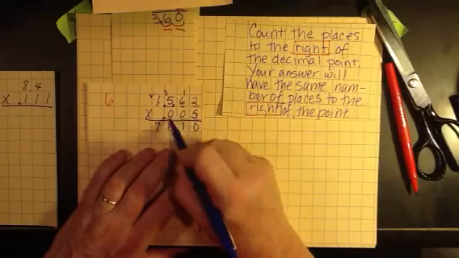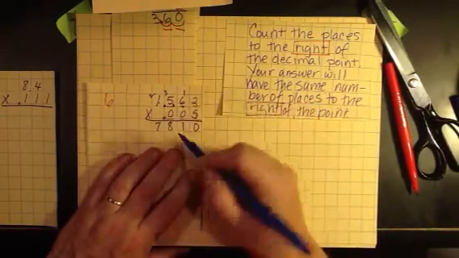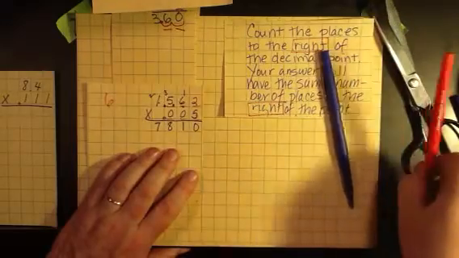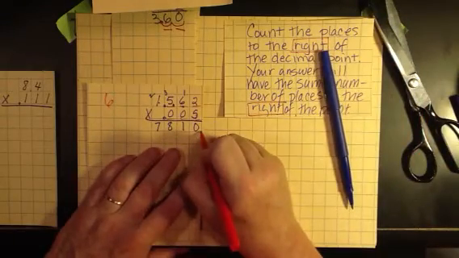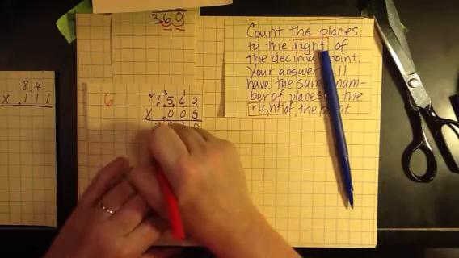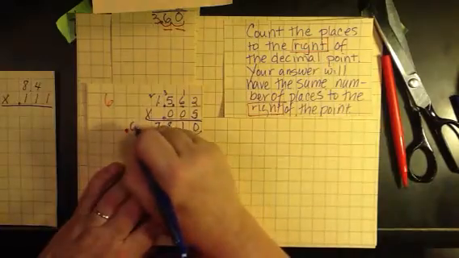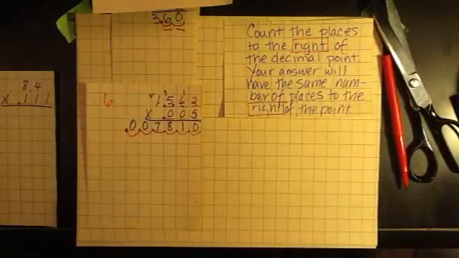I don't have to keep going because those are just zeros and they'll just be filling up space. But I do need to have 6 places behind the decimal point. So let's count. 1, 2, 3, 4, 5, 6. So I need to put in some zeros to fill those spots.